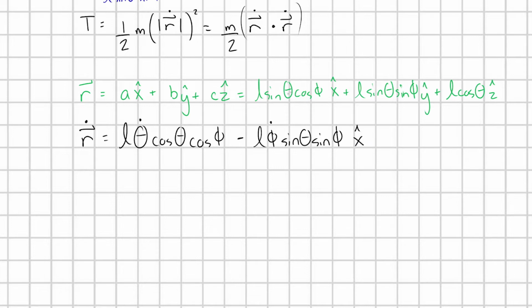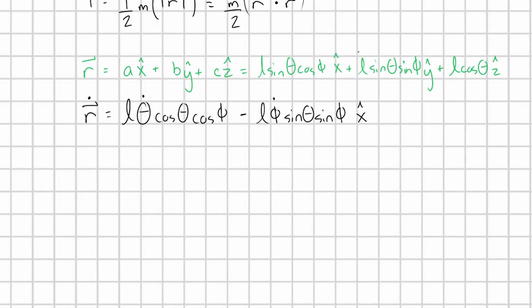Okay, great. Let's take the time derivative of this y hat component now. Next we're going to get L times theta dot cosine theta sine phi. Now this is going to be plus, let's focus on this phi part here, L phi dot sine theta, oh whoops, I forgot to differentiate, here we go, cosine phi in the y hat direction.